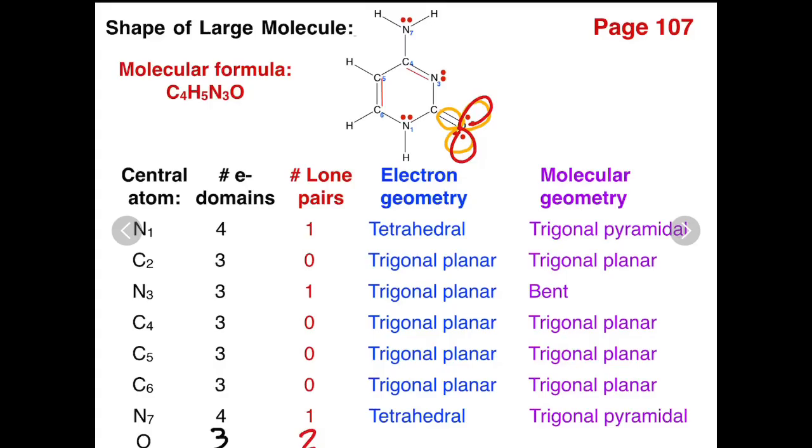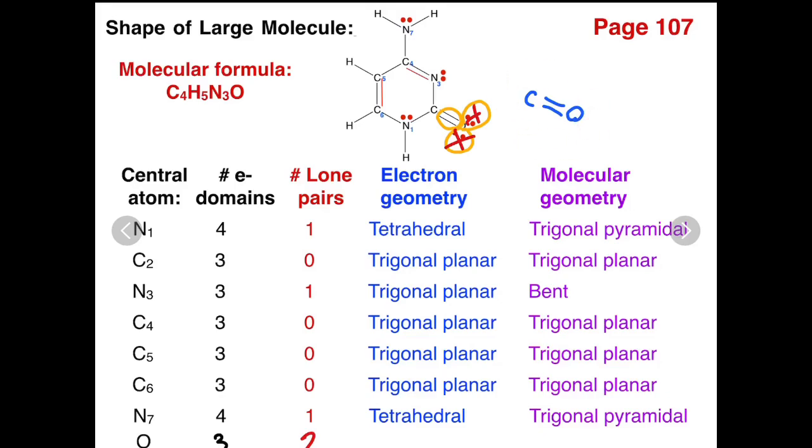If you ignore the lone pairs in oxygen, if you ignore this part right here, what you are going to see is only the region between carbon and oxygen, right? So this looks linear.